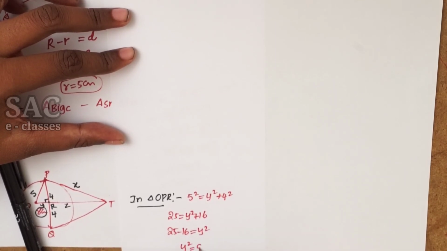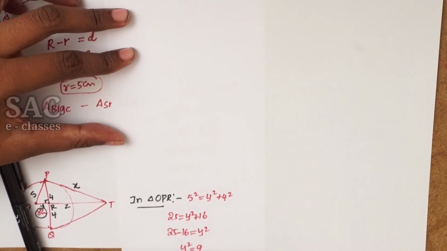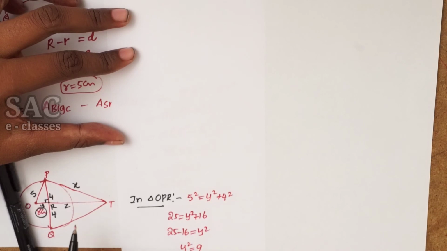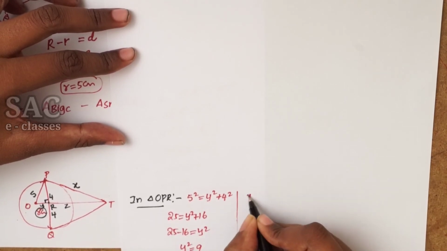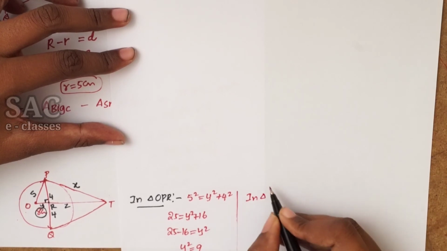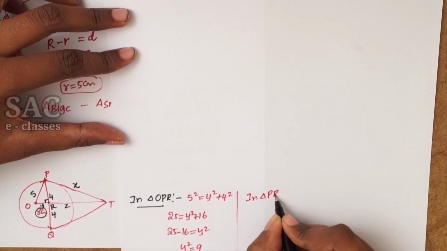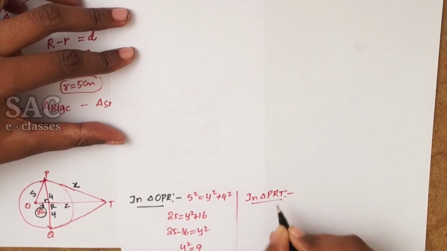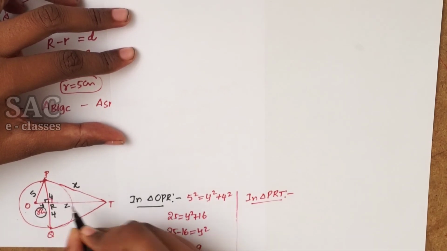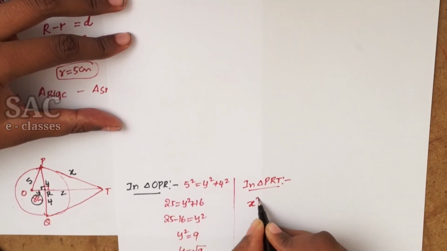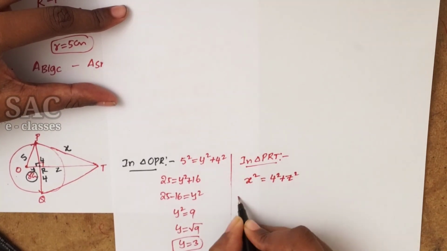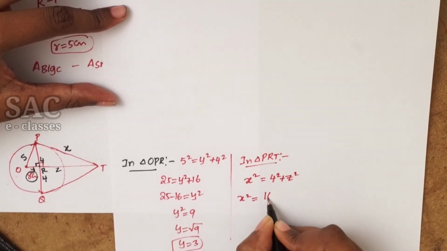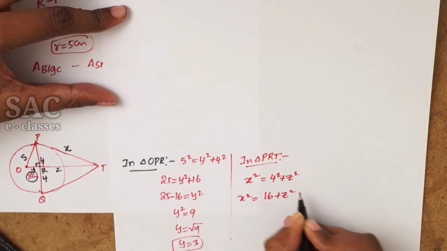Then y square equals 9. Y equals root 9. Y equals 3. Now if you observe triangle PRT, in triangle PRT, the hypotenuse is x. So x square equals 4 square plus z square. So x square equals 16 plus z square.